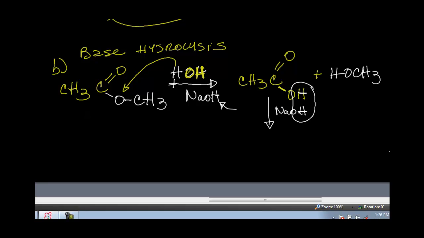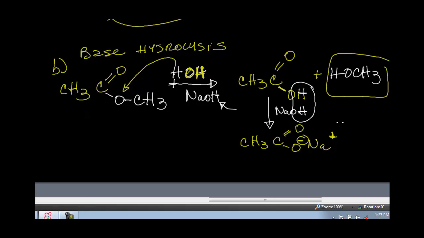The real product is going to be CH3, C double bond O, single bond O minus, and an Na, plus water. So my 2 products of basic hydrolysis are my alcohol and my salt.